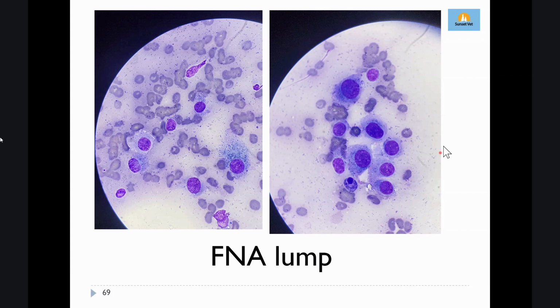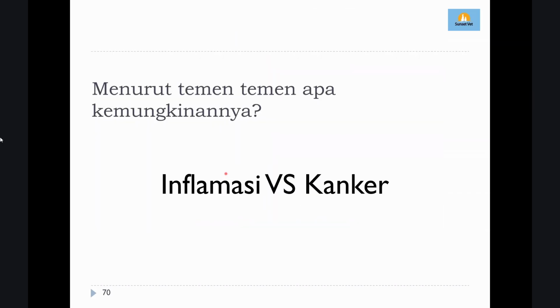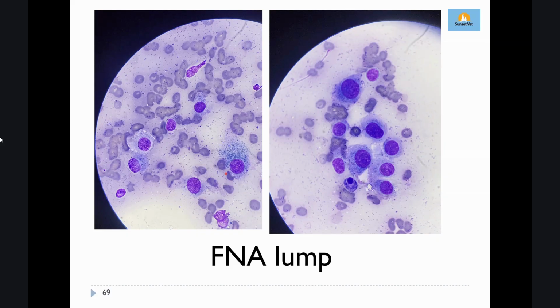With the obvious one, the black granules, it's melanoma. Yes, this is typical of melanoma.